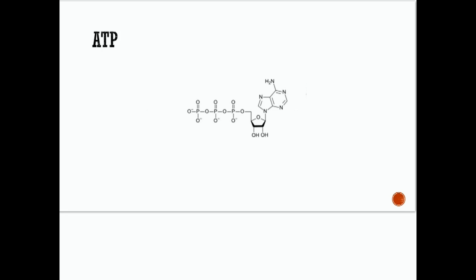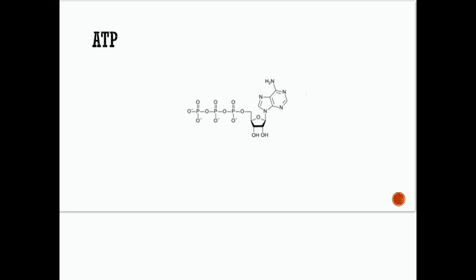So this ATP, or adenosine triphosphate, is made up of a 5-carbon sugar called ribose. It's this section down here, and a nitrogenous base called adenine would be this up here. And there's 3 phosphate groups, which would be this over here.